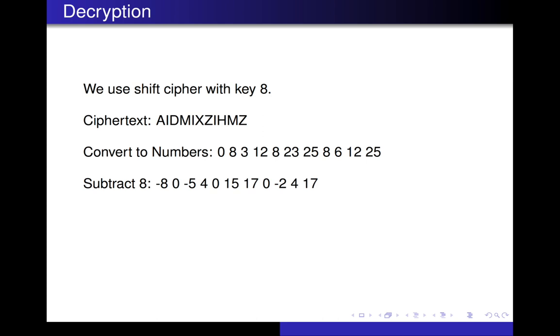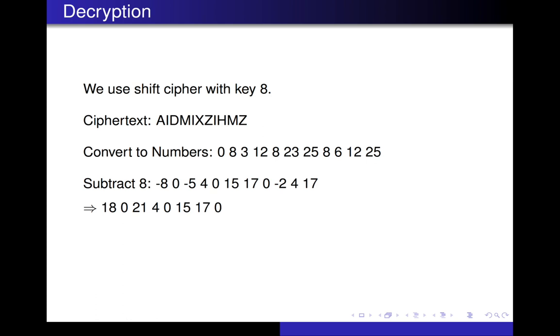But remember, we can always get to the right one by either adding or subtracting a multiple of 26. And in this case, adding 26 to those is going to be the thing we want to do. So when we add 26 to that negative 8, we're going to end up with 18. The 0 is fine. We're going to have to add 26 to that negative 5 to get 21. The 4, 0, 5, 17, and the other 0 are all fine.